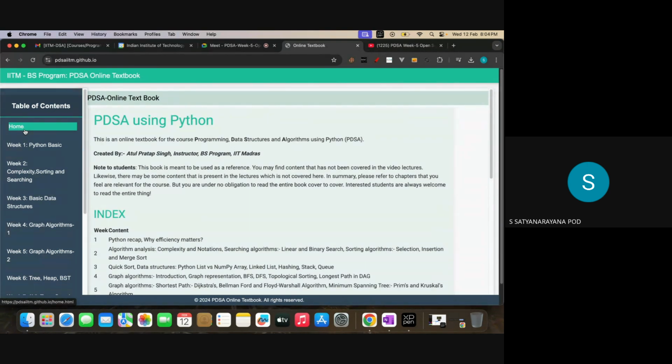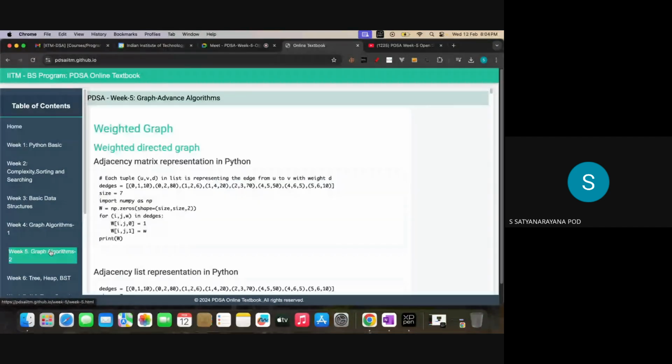All these work on a non-linear data structure, which is the graph. The same graphs we work with in week five also, but some additional properties and functionalities are added and extended, so we can build more applications using graphs. That is about week five.